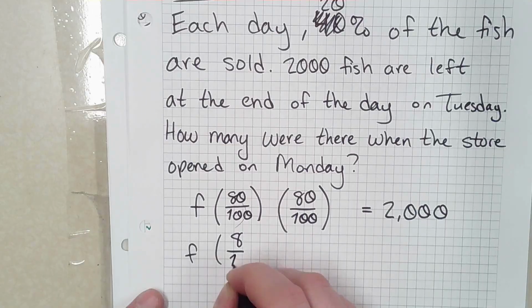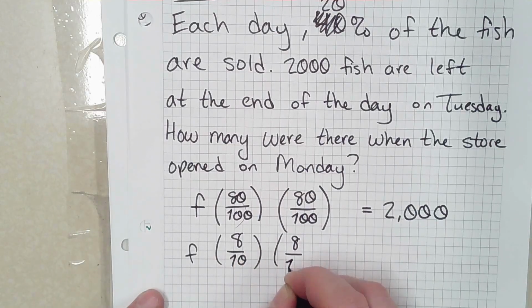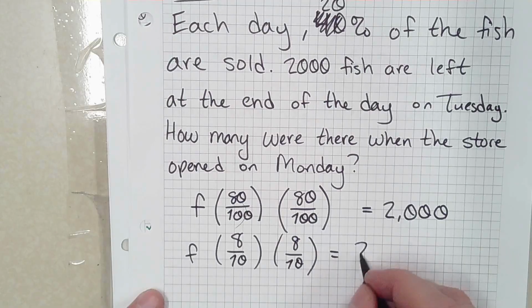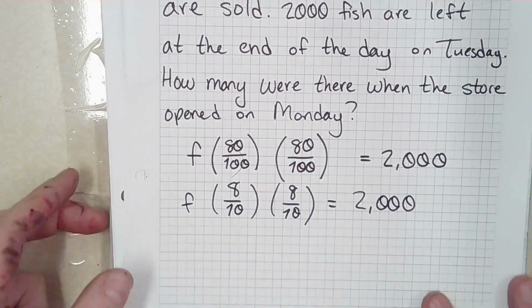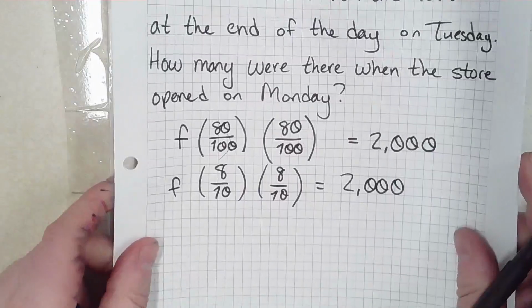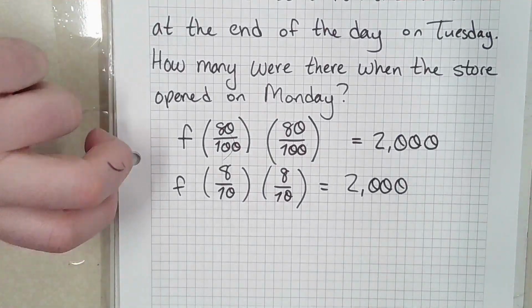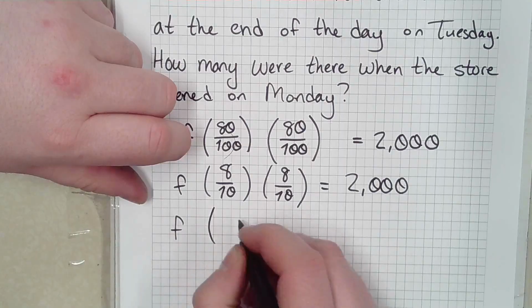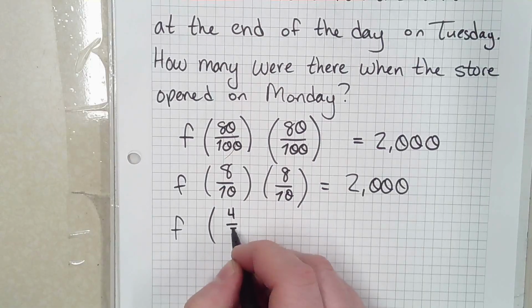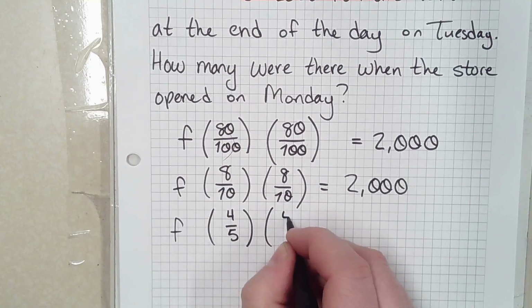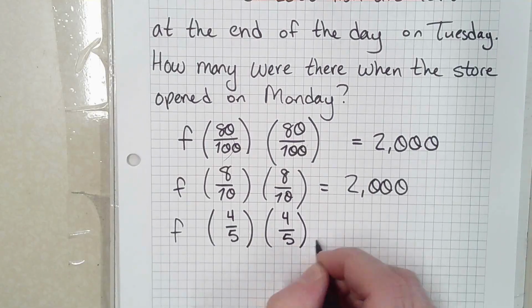This is clearly 8 over 10. And I can simplify that further if I want. Let's go ahead and do that. If I take out a 2 from both of these, we get 4 over 5 and 4 over 5.